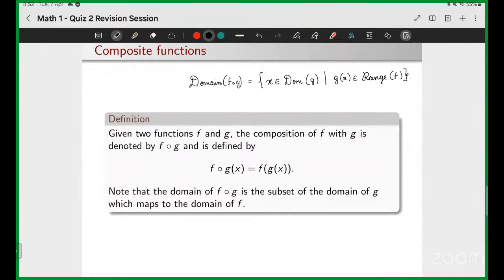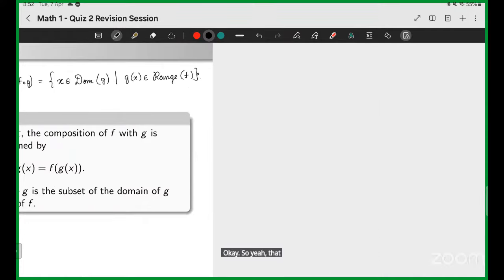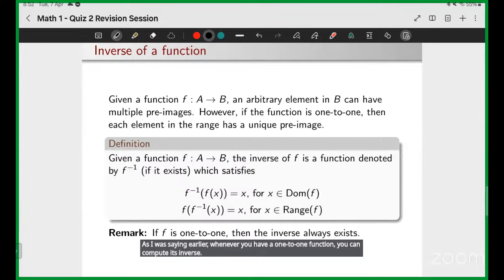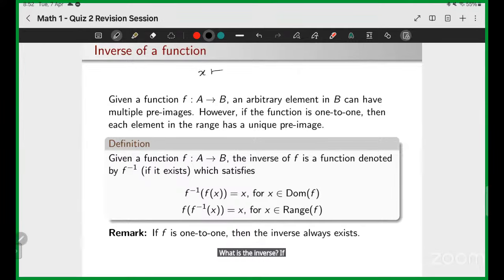All right. So that's that about composite functions. Now, as I was saying earlier, whenever you have a one-to-one function, you can compute its inverse. What is the inverse? If x goes to f of x, then you can define a function from the range as y goes to f inverse of y, or x goes to f inverse of x.